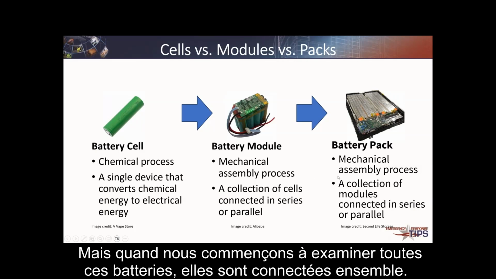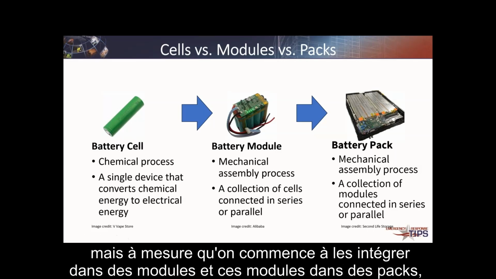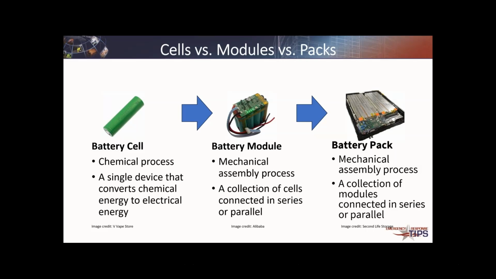But when we start looking at all these batteries, they're connected together. So an individual battery may be pretty small and not something that we worry about. But as we start building those into modules and those modules into packs, you start getting all of these things connected together to increase their voltage and increase their current.